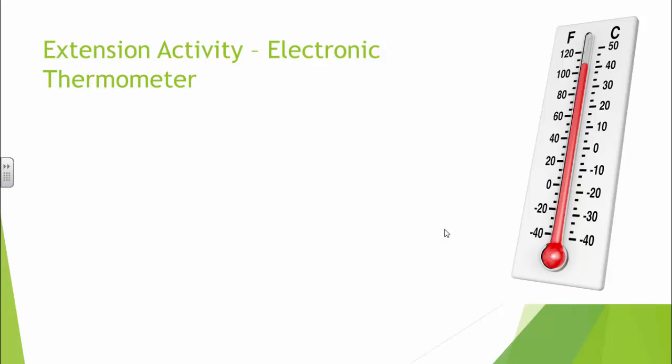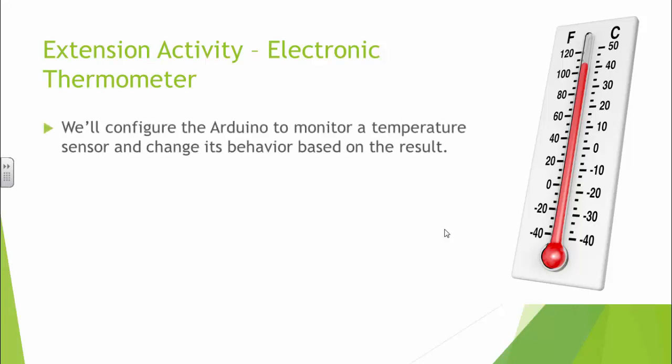Okay, so if you found those extremely easy and have them all done and want to work on something a bit more interesting, we can look at applying an analog value in a calculation. So a classic thing to do is implement an electronic thermometer. And the good news here is it's an inexpensive component if you're working with hardware.